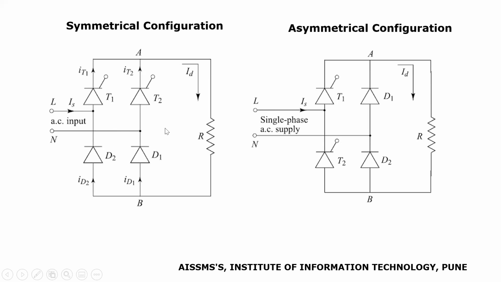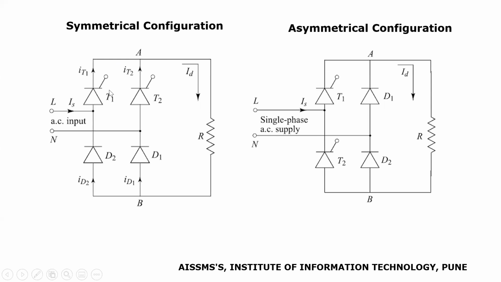Now depending upon how these thyristors and diodes are connected in a bridge rectifier, the semi-controlled converter is classified as symmetrical semi-controlled converter and asymmetrical semi-controlled converter. In case of symmetrical semi-controlled converter, each arm of a bridge rectifier consists of one control switch and one uncontrolled switch.